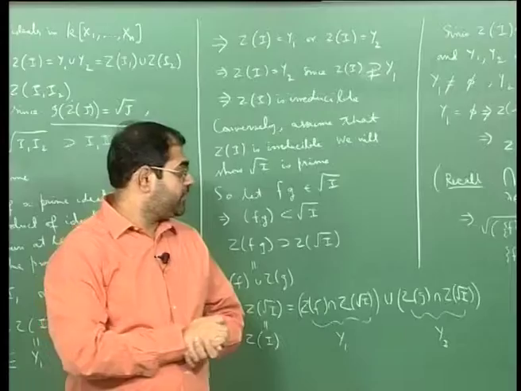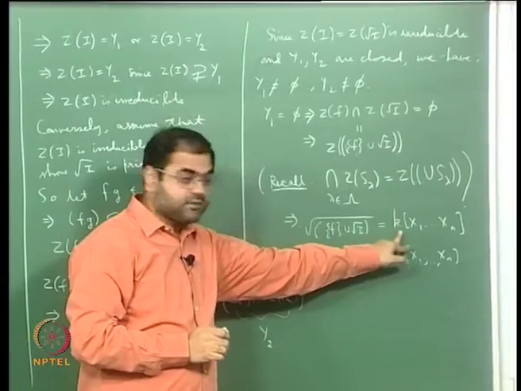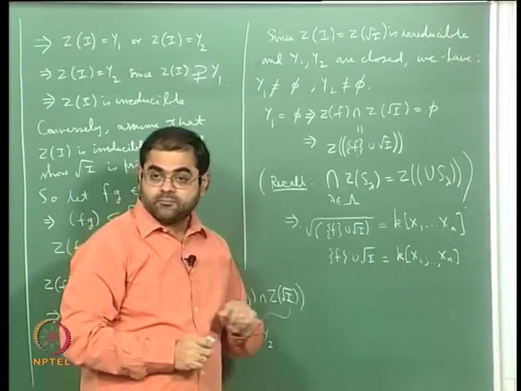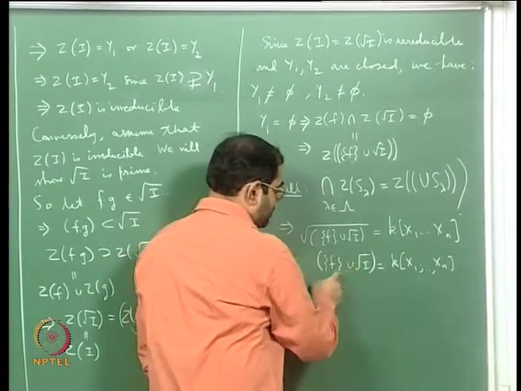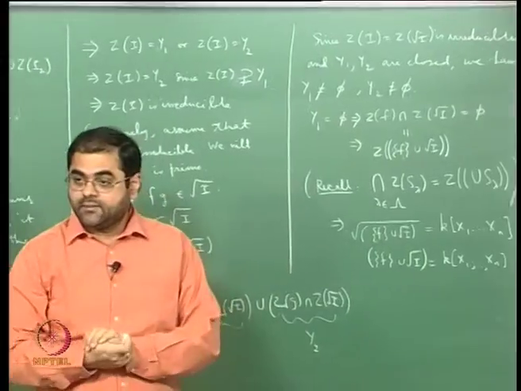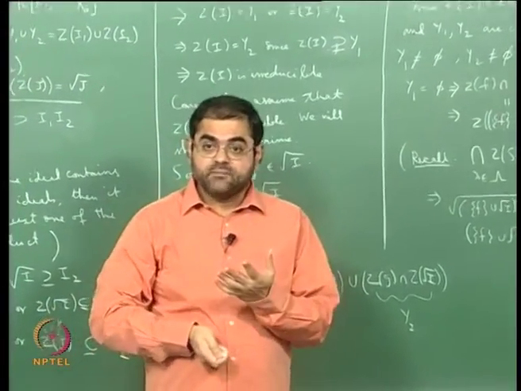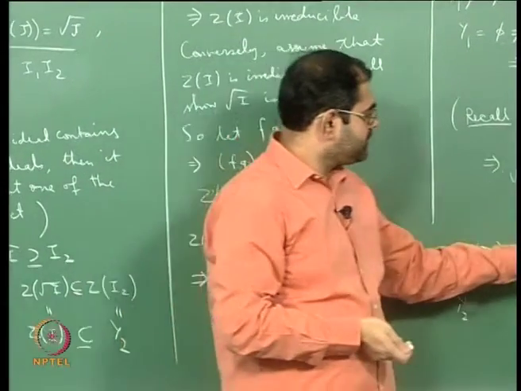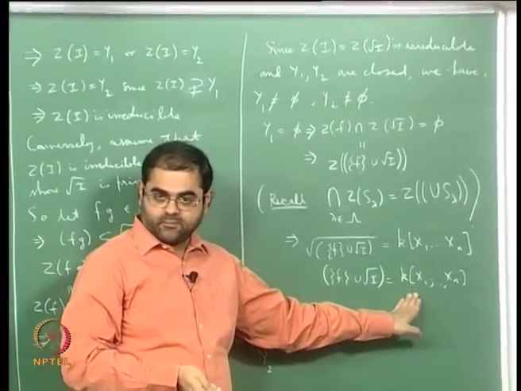Saying that the radical of an ideal contains a unit, say 1, tells you that there is some power of this which is equal to 1, but then if some power of an element is equal to 1, then that element itself is a unit. That means that the ideal generated by this itself is the whole polynomial ring.